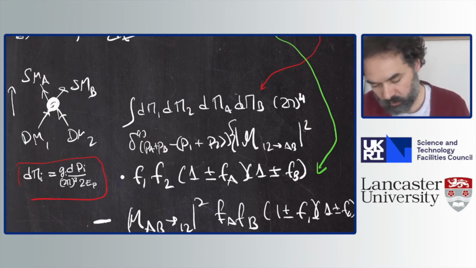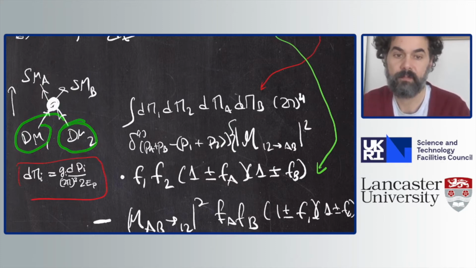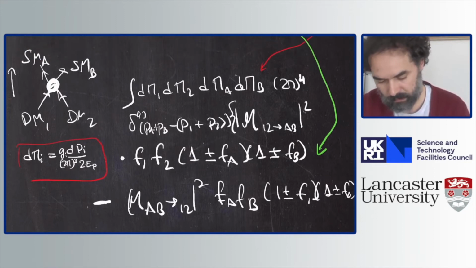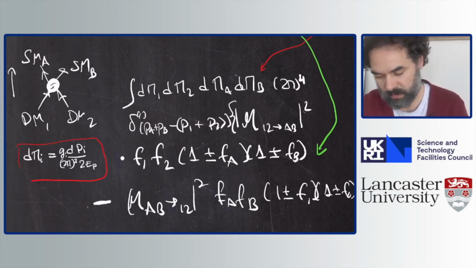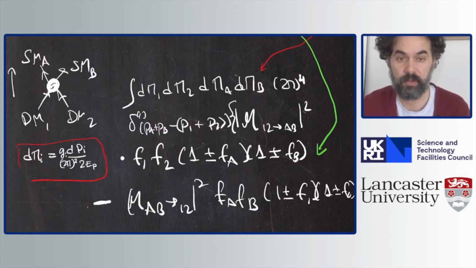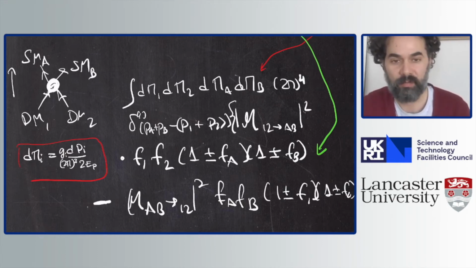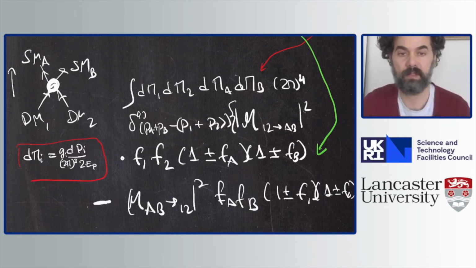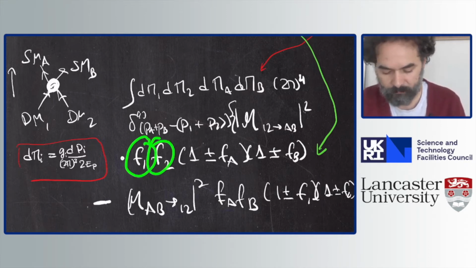You also want to know how many particles are in state 1 and state 2, and this is given by the PDF, the probability distribution, which tells you, remember, the number of particles in a range of momentum. Here we don't care about position, so the position is fixed. We want to know how many particles of a particular momentum there are, and this is given by these distribution functions, F1 and F2.